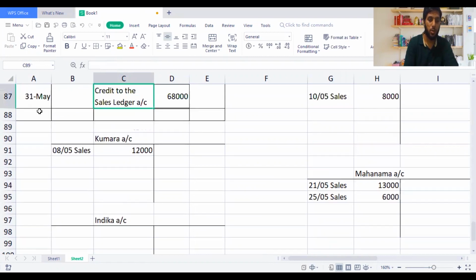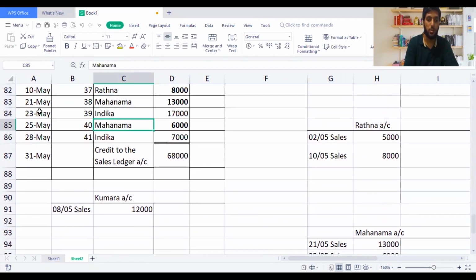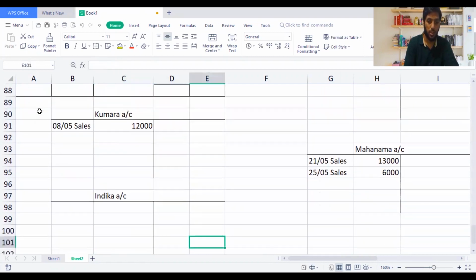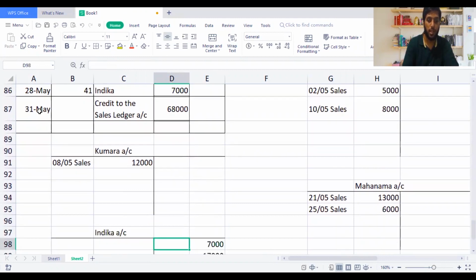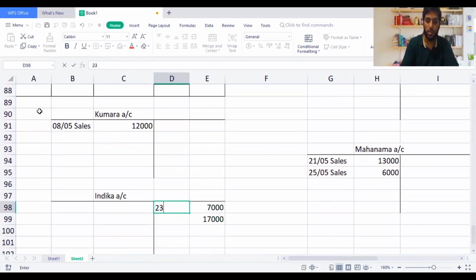So Indica account, how do you record, guys? Indica account 7,000 and 17,000. So I'll write here 7,000 and 17,000. For Indica account, you just need to write the value, 23rd May and 28th May. So I'll write here 23rd May sales. I'm sorry, I'm writing on the wrong side. What am I doing? Okay, you should write it on the debit side. We make mistakes, guys.